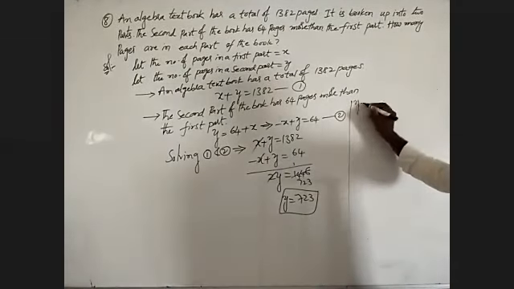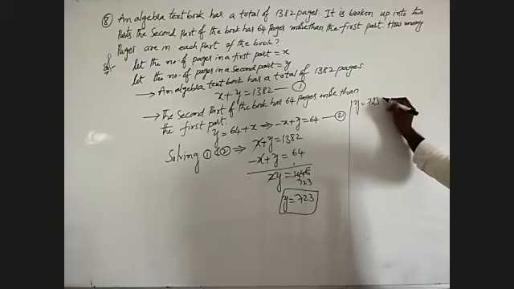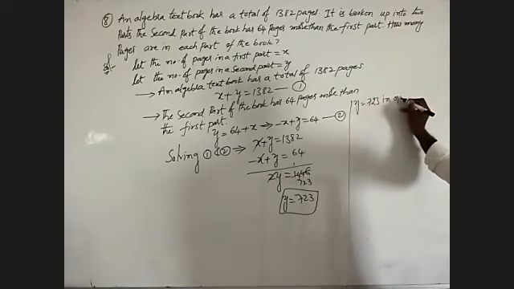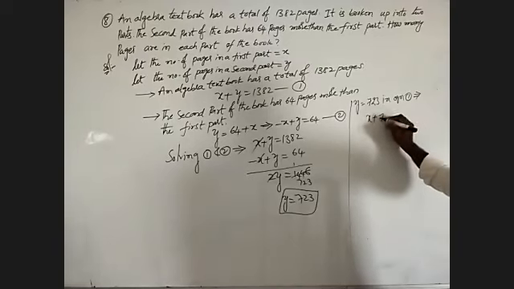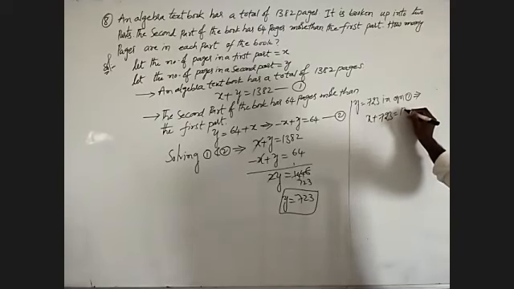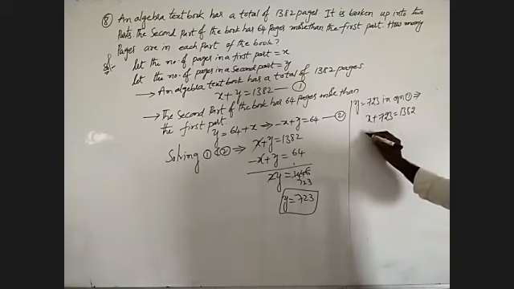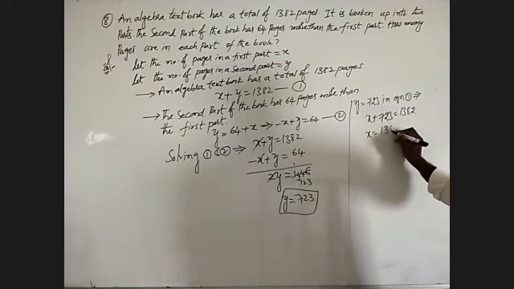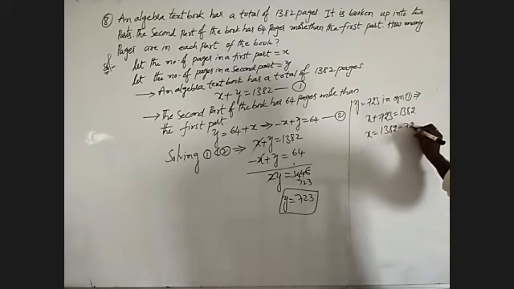Putting y equal to 723 in equation 1, that implies x plus 723 will become 1382. After that, x is equal to 1382 minus 723. We have to subtract in this one.